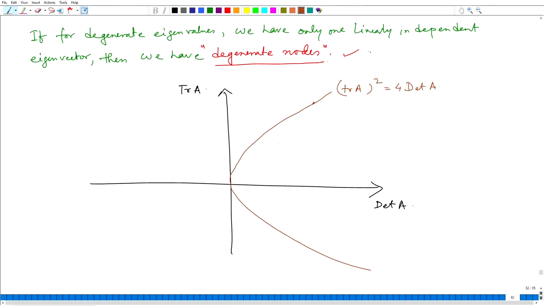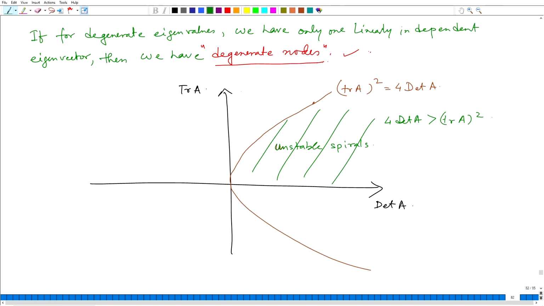So, here I am just writing, unstable spirals. So, this is the region where 4 determinant of A is greater than trace A whole square.